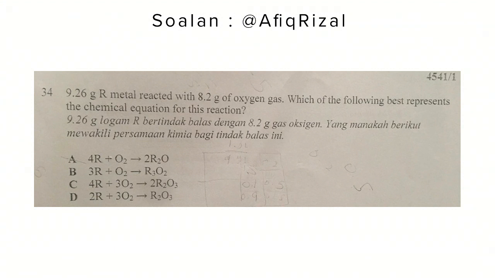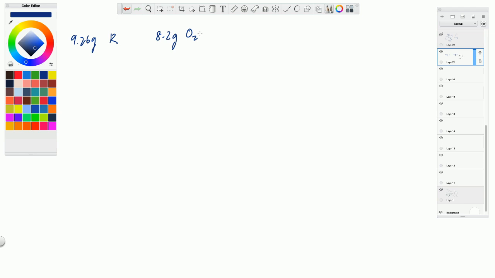Soalan ada bagi jisim atom relatif bagi oksigen dan R. Ada lagi tak dalam soalan ini? Jika tak, tak boleh buat apa-apa, kecuali kamu tengok persamaan mana yang balance. 3R. Okay, you can't do this question. You have to have what is R.